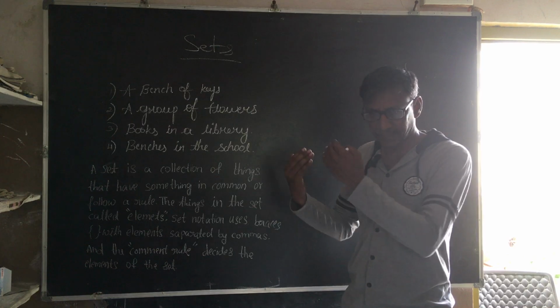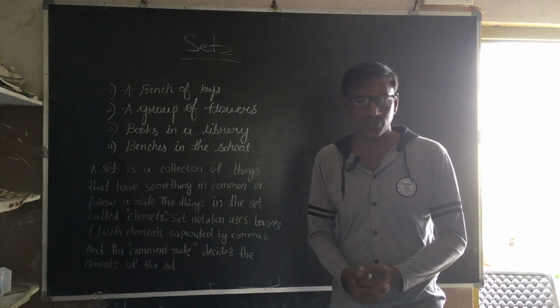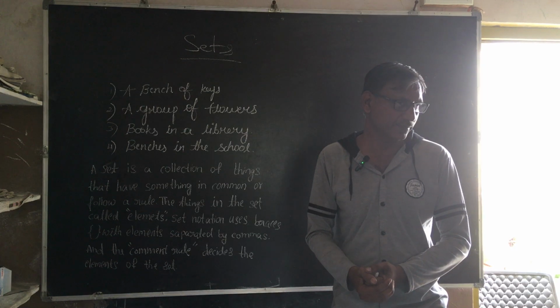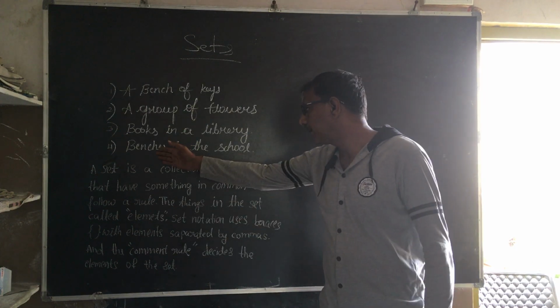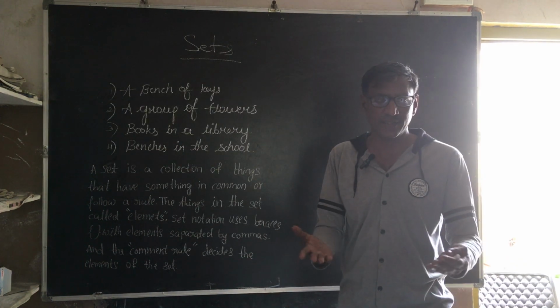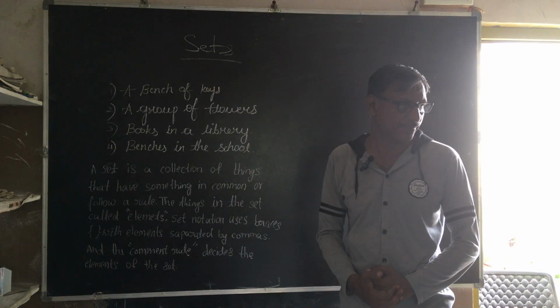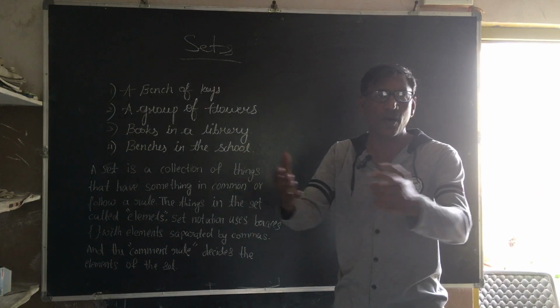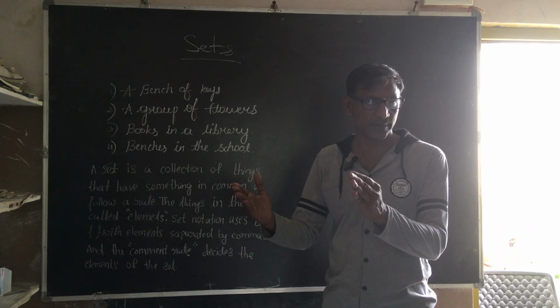In mathematics, we call it a collection of things, whatever it may be. If you take benches in the school, all benches in our school is a set. In math, all boys in our class is a group of students, right?